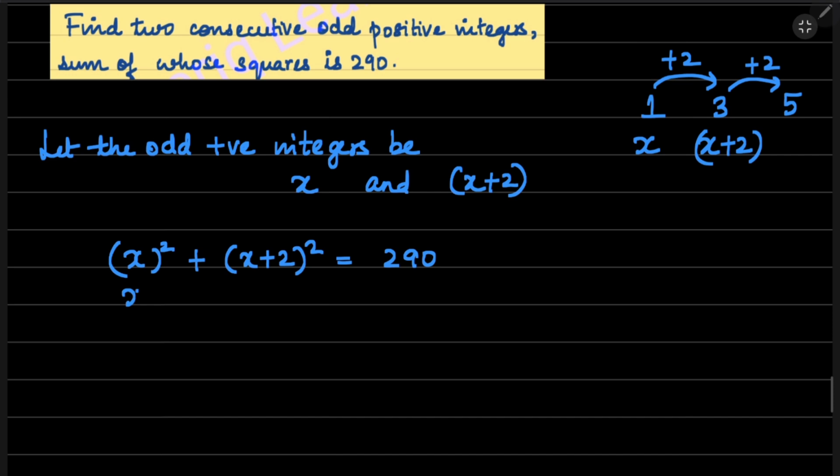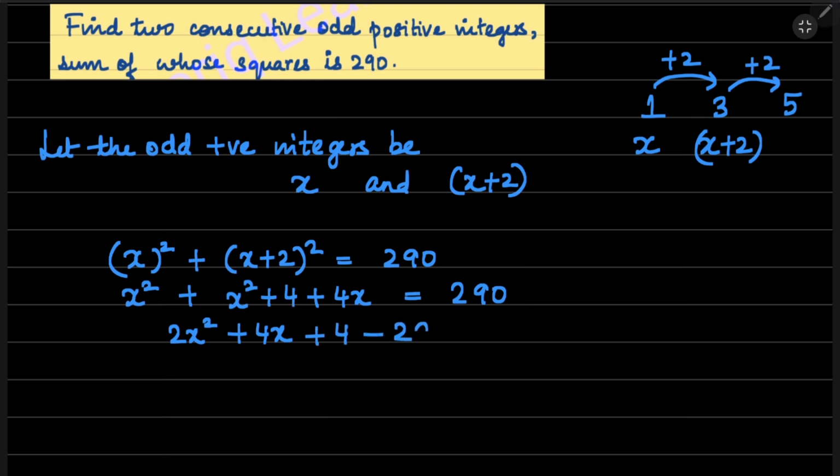Right? So the first is (x² + x + 2)² is nothing but x² + 4 + 4x = 290. So 2x² + 4x + 4 − 290 = 0.